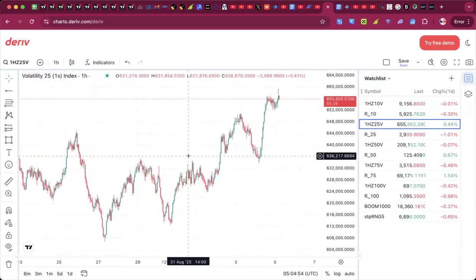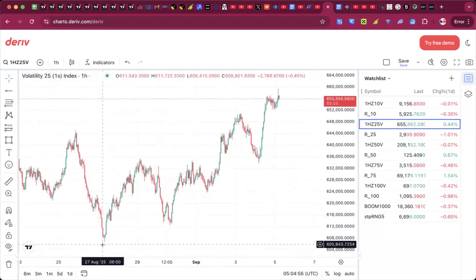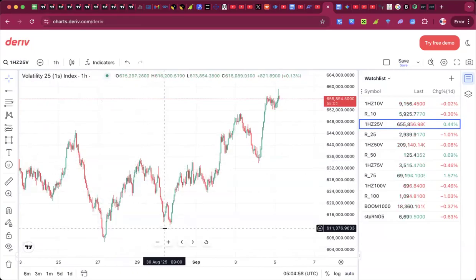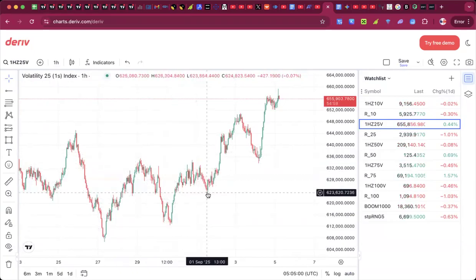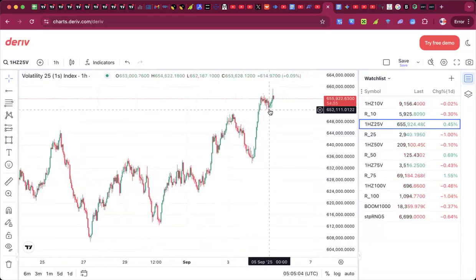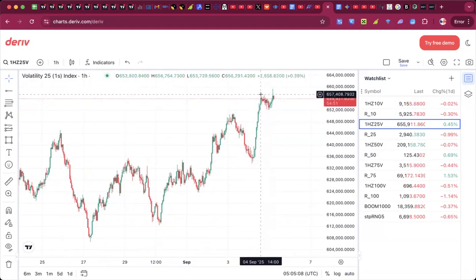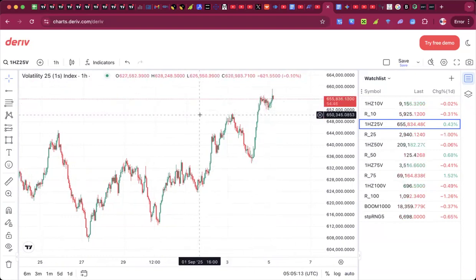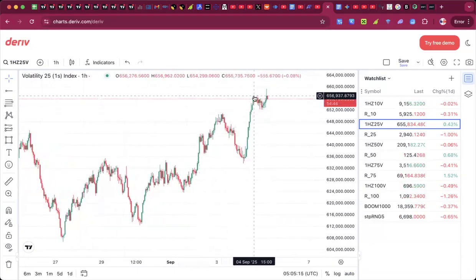You can see taking from here, a low, a high, a low, a high, a low, a high, a low. Then I think this is a high and it creates another low here. Unfortunately, we have broken this.